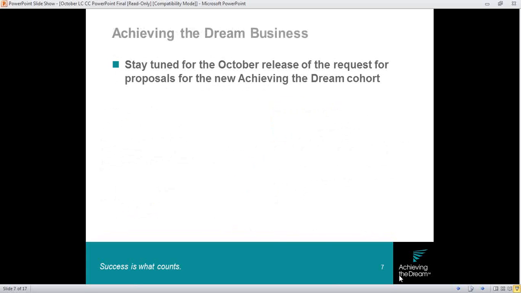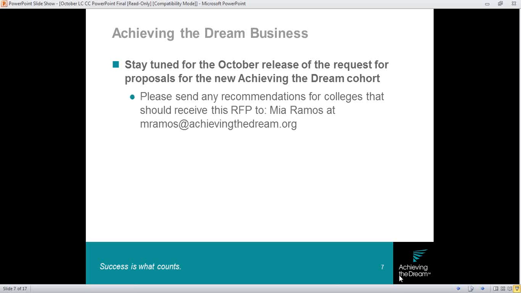We wanted to alert you that we are going to be releasing a new RFP. It'll be a national RFP that is set up to recruit new colleges to come on board for the 2013 cohort in Achieving the Dream. Now, many of you probably have other institutions in your states that have asked you previously how they get into Achieving the Dream.